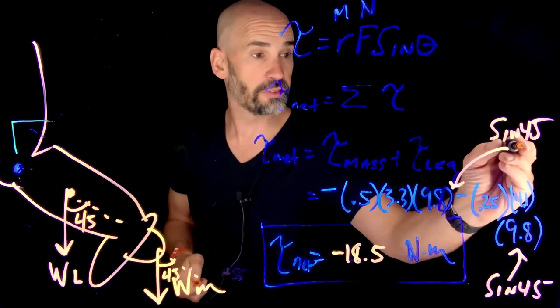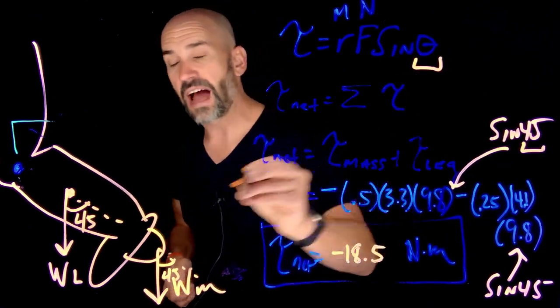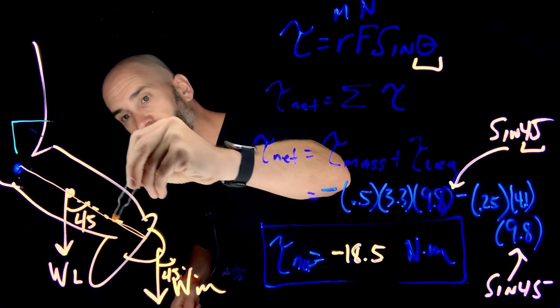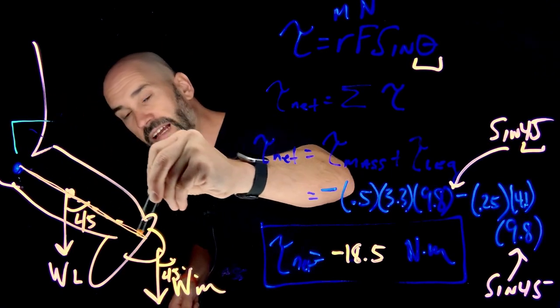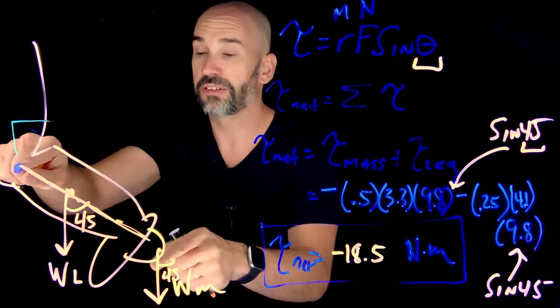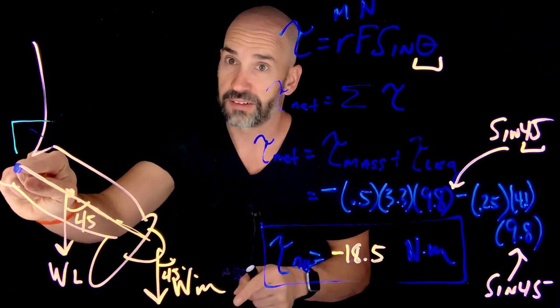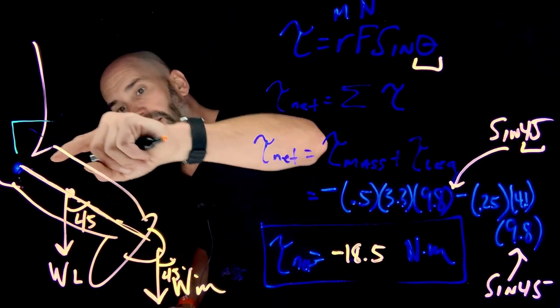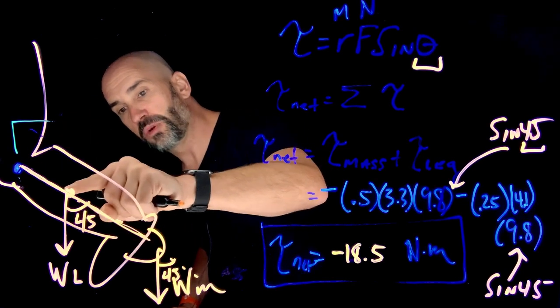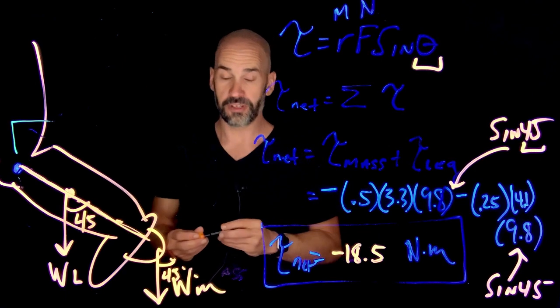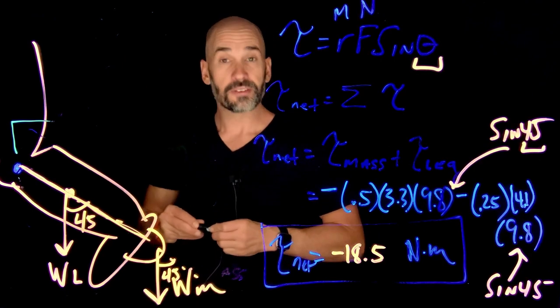Remember, this angle, this theta, is always between the axis, or I guess the line created by the actual object pointing away from the axis of rotation. So for any object, the angle is between the force and that line coming from the axis of rotation.